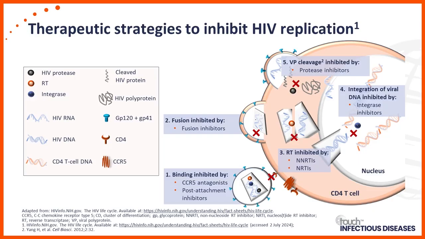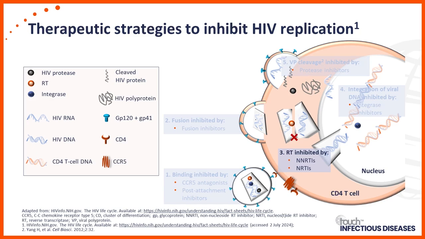So we're very fortunate that we have several classes of antiretroviral drugs. The first class that we had were nucleoside reverse transcriptase inhibitors, such as tenofovir or emtricitabine. These drugs mimic natural nucleotides, get incorporated into the viral DNA chain, and are chain terminators. They don't allow the chains to continue growing.